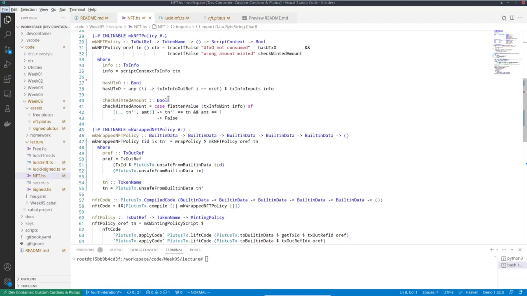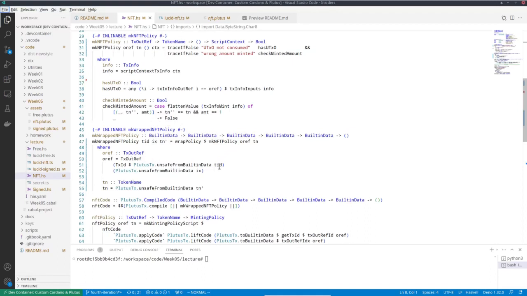So these first 2 correspond to the TX_outref here. Given a transaction ID, which is now serialized as built-in data, so it's just a string, and an index, which is just an int, and a token name, which is also just a string, I first compute the corresponding TX_outref.